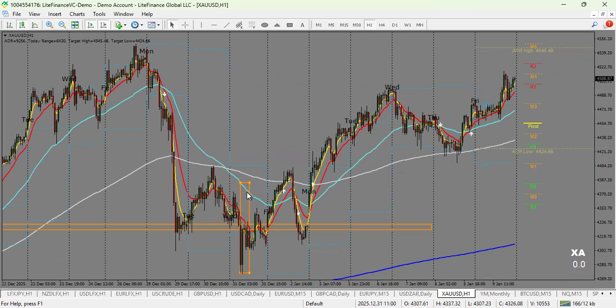So let us draw the ADR boxes. We are bullish. However, we have this liquidity area here, where we had a gap. And I thought on NFP the market would come to fill this.